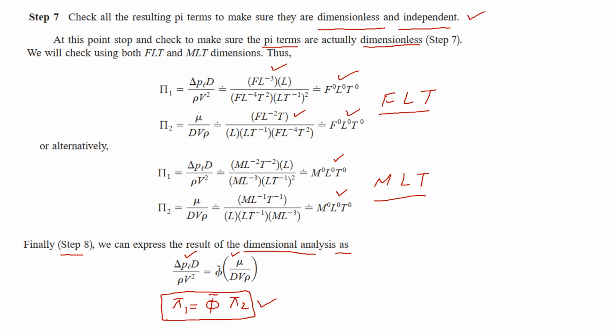We talked about the experimental analysis, that dimensional analysis helps us with the experiments by reducing our number of experiments. So this is how it helps us reduce our number of experiments, by reducing the number of variables from 5 to 2.